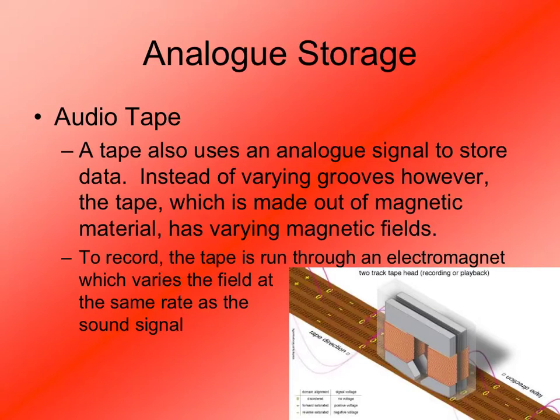And so as that audio tape is then fed back through the tape player, there's another electromagnet that responds to the magnetic fields in that tape. The magnetic fields that have been established on the audio tape actually create a current in a very tiny electromagnet that's inside the tape player, and that's how it's read. So it's kind of a cool application of electricity and magnetism. But again, analog signal.